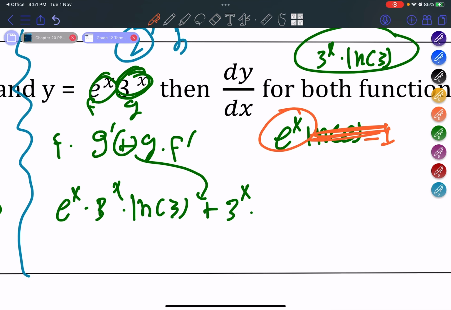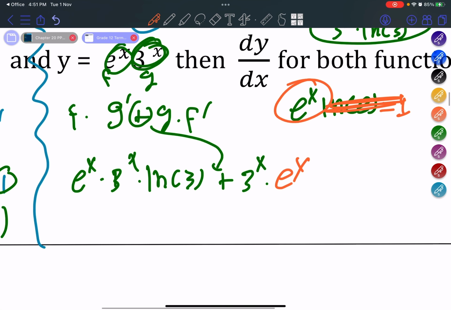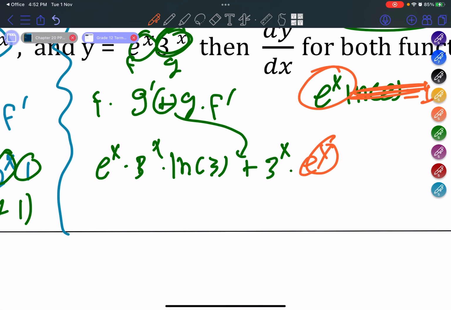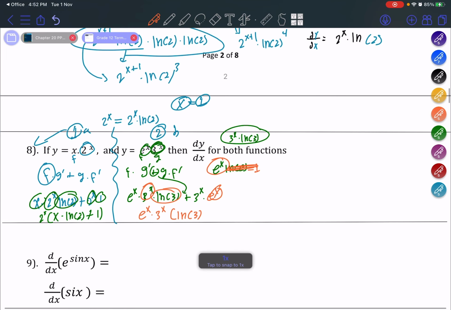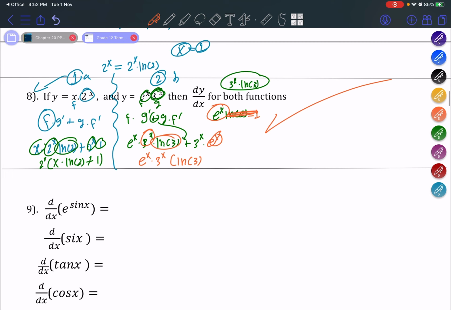That's why I said it is equal to the same thing. So e power x. Now we can take e power x and 3 power x as common factors, so it becomes e power x times 3 power x, and then the only thing we're left with is ln 3. And this, I think, yeah, this is for question 8.